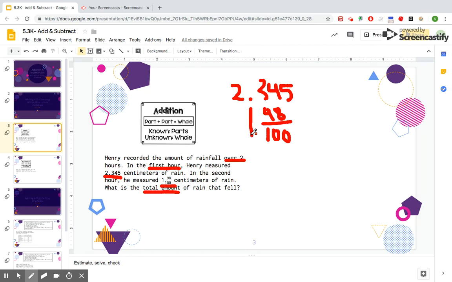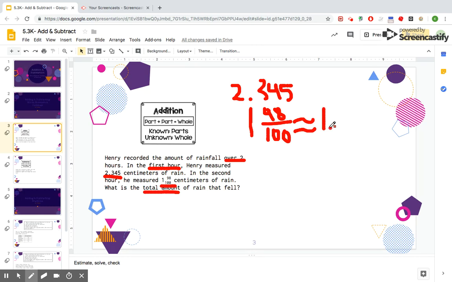It's really hard to add a decimal to a fraction. So what I'm going to have to do here is change either my decimal into a fraction or my fraction into a decimal. If I look at that 1 and 98 hundredths, that's pretty easy to change into a decimal.